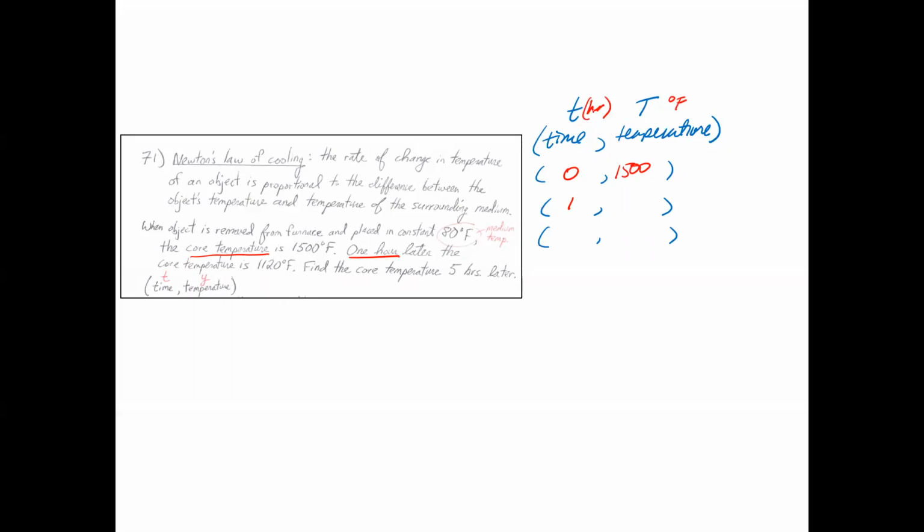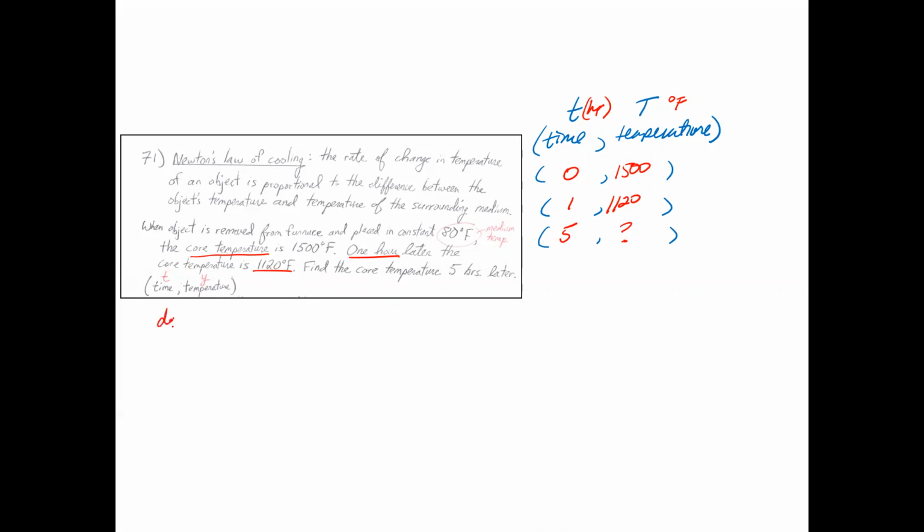I just like to label things so that way I know what unit I'm using for the answer. 1 hour later, the core temperature went down to 1120 degrees Fahrenheit. Find the core temperature 5 hours later, okay?